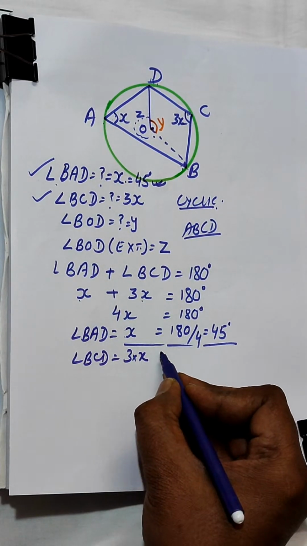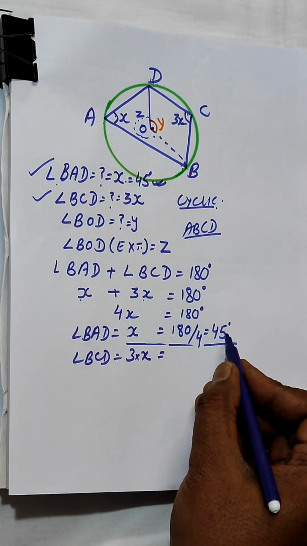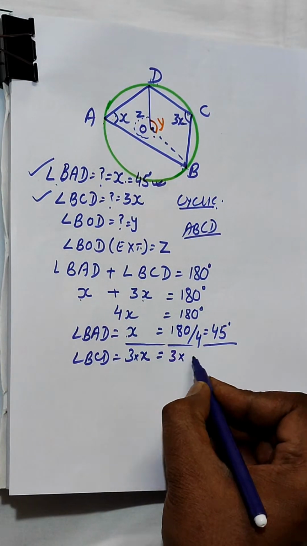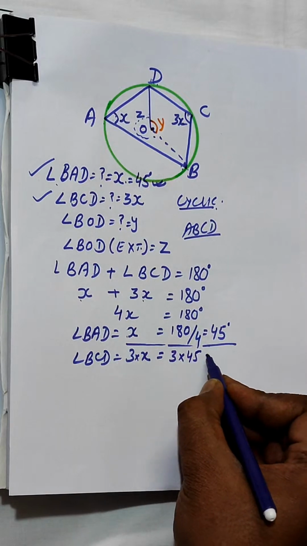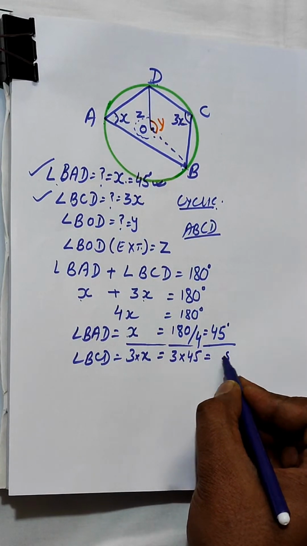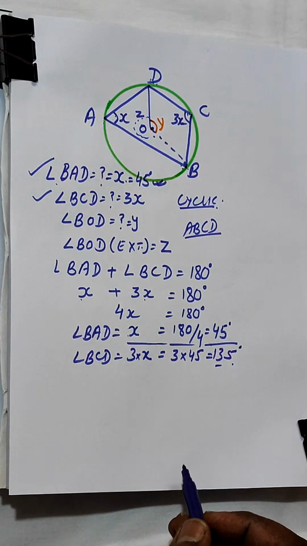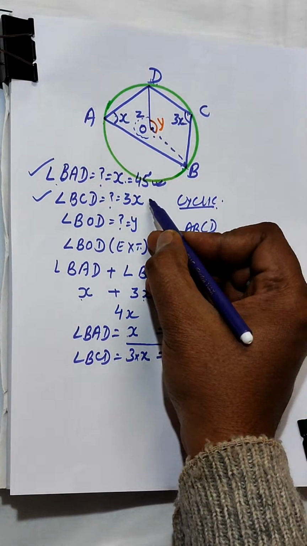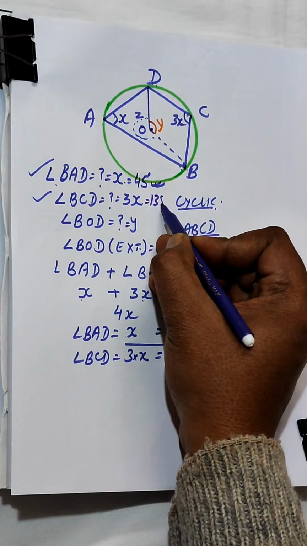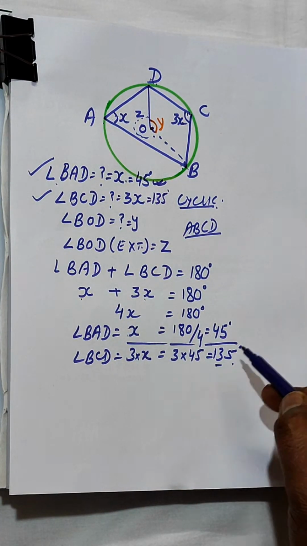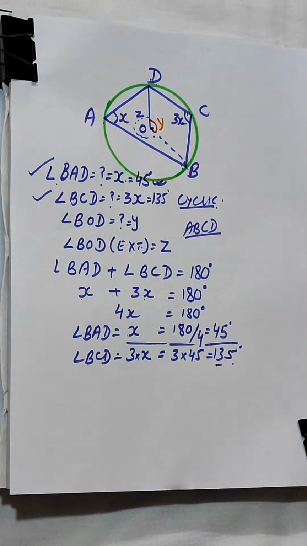So multiply the value of x, 45 degrees, with 3 to get the value of angle BCD. This will be equal to 135 degrees. So angle BCD is calculated as 135 degrees. So the second part is also calculated.